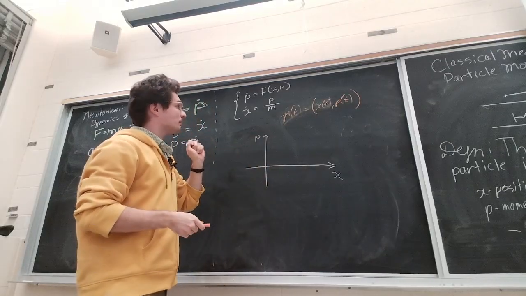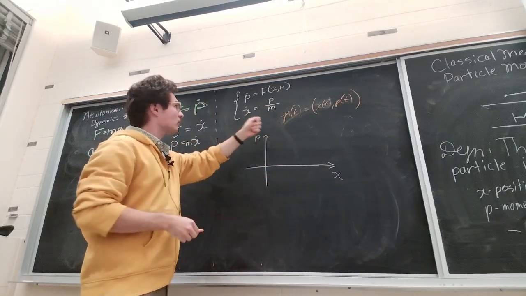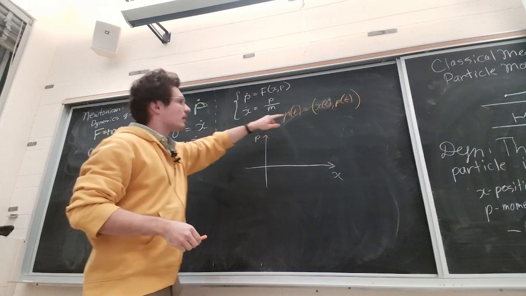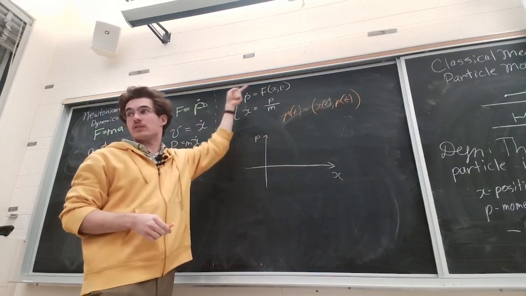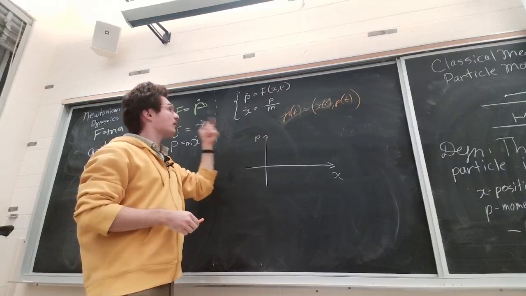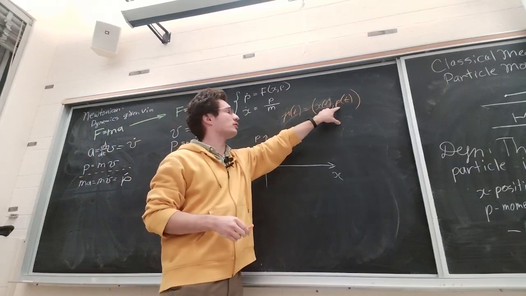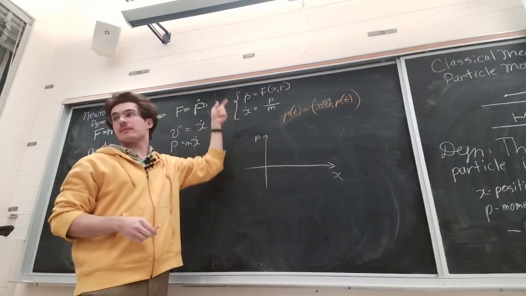The trajectory of my system in phase space. And I know that this x and this p have to satisfy these two differential equations. So I have to find functions x and p such that they do this. Do you agree?